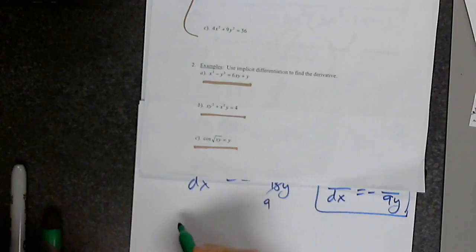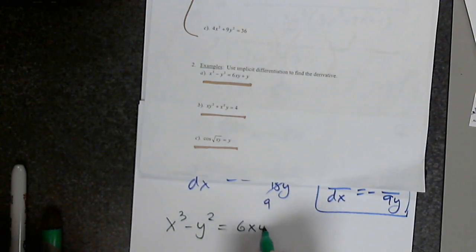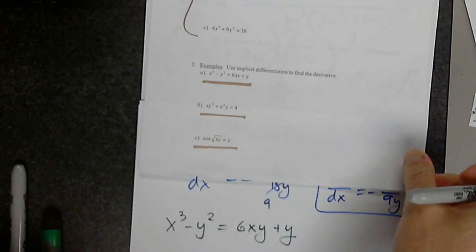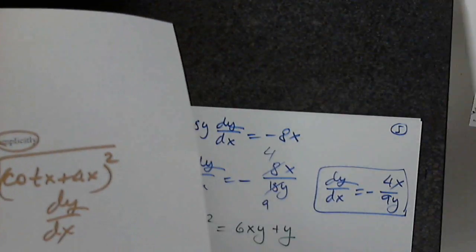Please choose. Maybe you should work on one of them for a minute. Please choose one and let's work on it. Which one would we like to work on? A. So we have x cubed minus y squared equals 6xy plus y. So let's work on this for 1 minute.